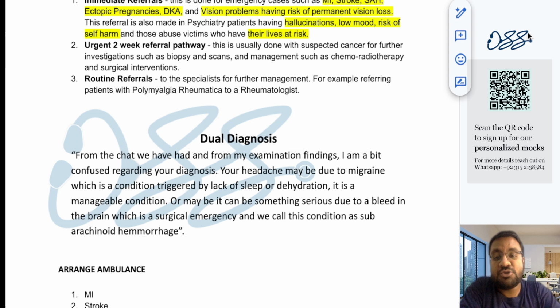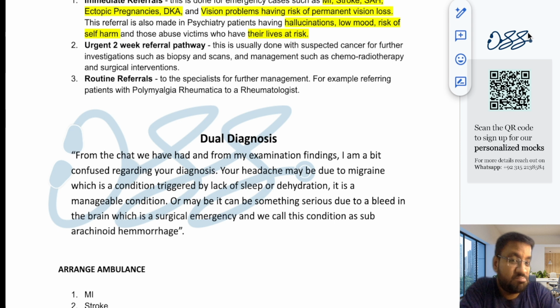So after being honest, you're going to say that I'm a bit confused regarding your diagnosis. Your headache may be due to the condition called migraine, which is triggered by lack of sleep and dehydration, like in your case, and it is a pretty manageable condition. However, I'm a bit confused that it can be something sinister or serious.